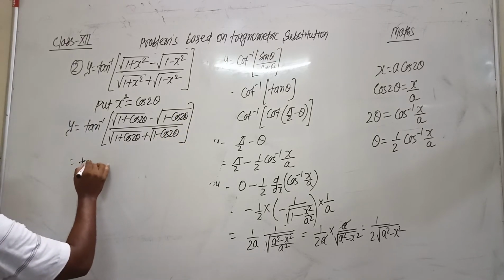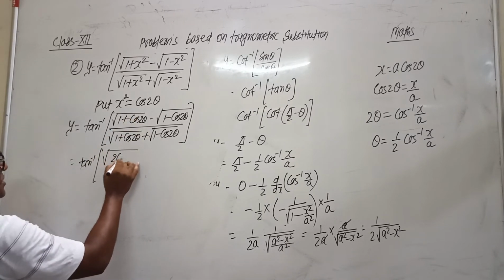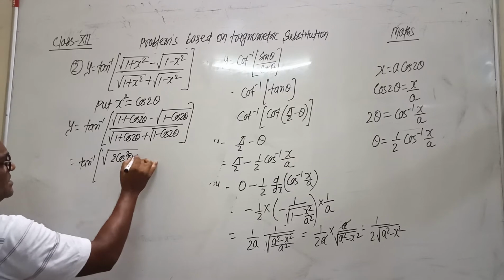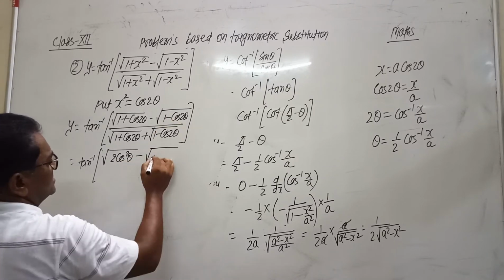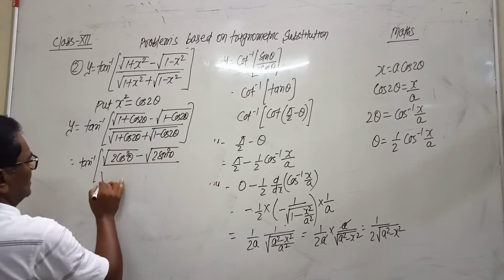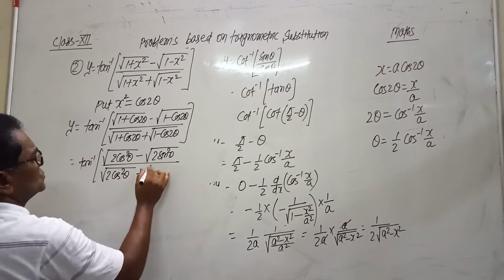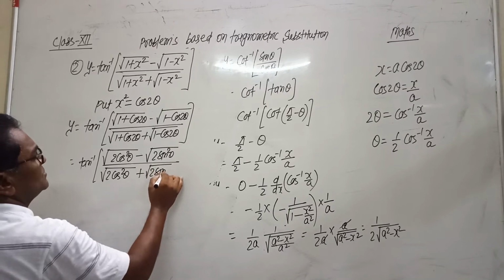Now expand root 1 plus cos 2 theta. This becomes 2 cos square theta. This comes to be 2 sin square theta. Again this is 2 cos square theta and plus 2 sin square theta.